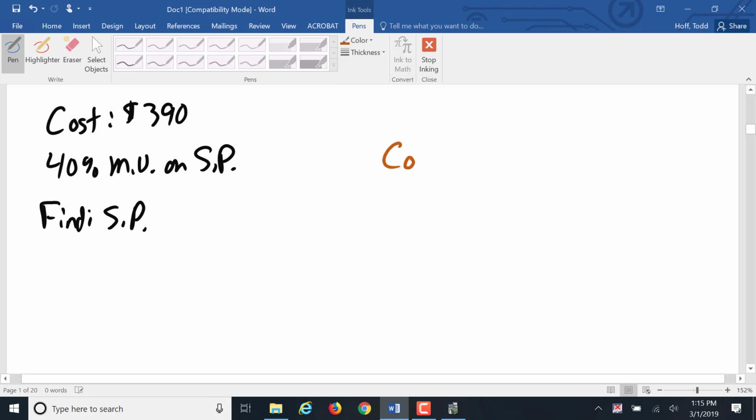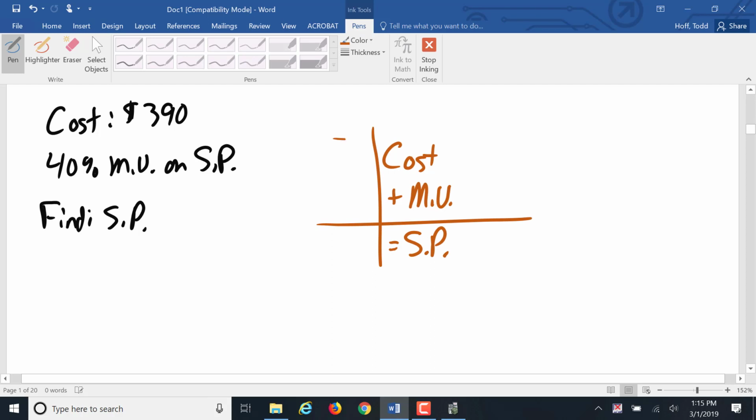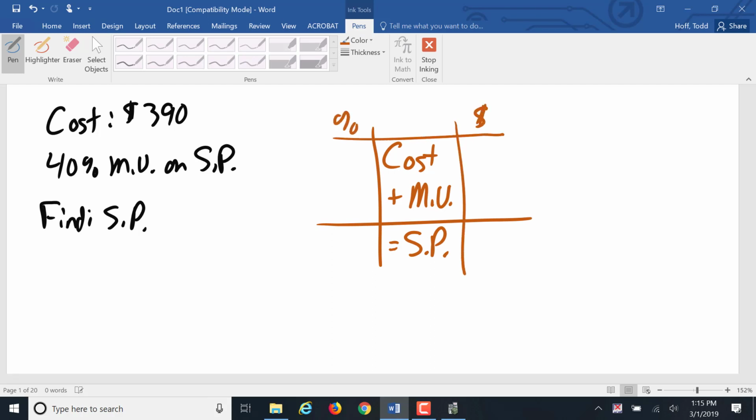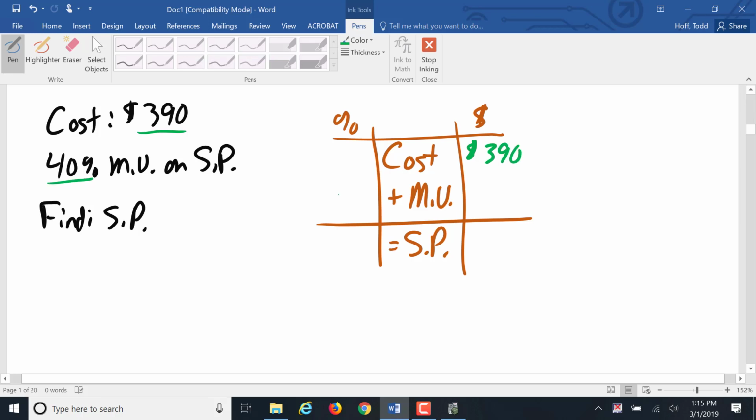So we have cost plus markup equals selling price. We're going to have percents and dollars, and we fill in what we're given. We're given $390 cost. So on the cost, dollar side is $390. 40% markup, so on the percent side for markup, we put in the 40%.